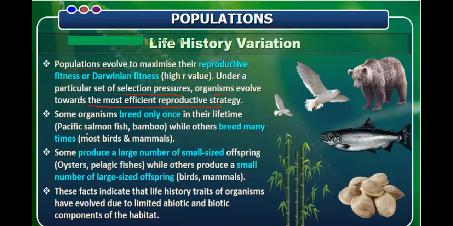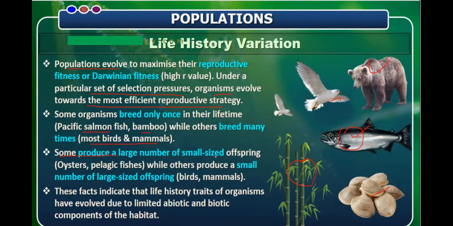Pacific salmon fish breed only once in life. Bamboo flowers only once. While others breed many times, most birds and mammals. This is salmon fish, breeding only once in life. Bamboo flowers only once in life. But mammals and birds breed many times.